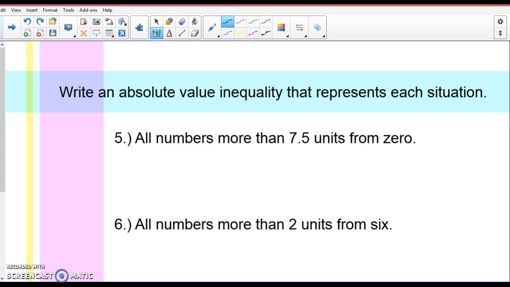From 0? Absolute value. We don't know how far, so we're going to say let x, the absolute value of x, more than 7.5. Greater than 7.5. Done. They did not say solve it. All they said was write one. So the absolute value of x has to be greater than 7.5. Done.